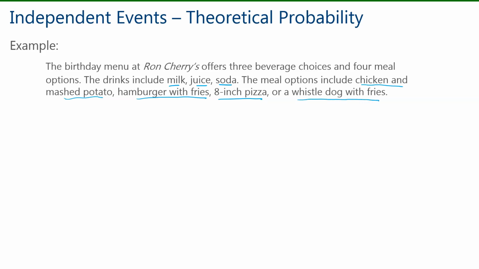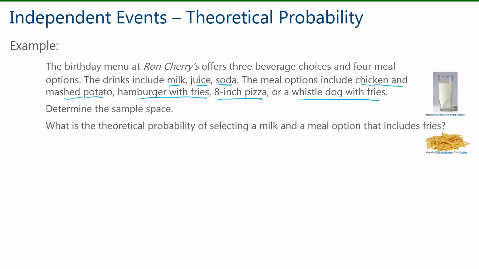Whistle dogs are amazing. We will determine the sample space, and then our question. What is the theoretical probability of selecting a milk and a meal option that includes fries? Right away, I want us to look at the fact that the whistle dog is served with fries and the hamburger is served with fries.